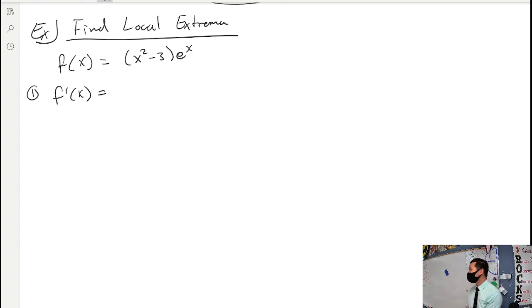This is one problem that's truly going to test a little bit of your algebra skills. Can you solve this when you set it equal to 0? Maybe I should have asked the first question. Did you guys get the derivatives? Yeah?